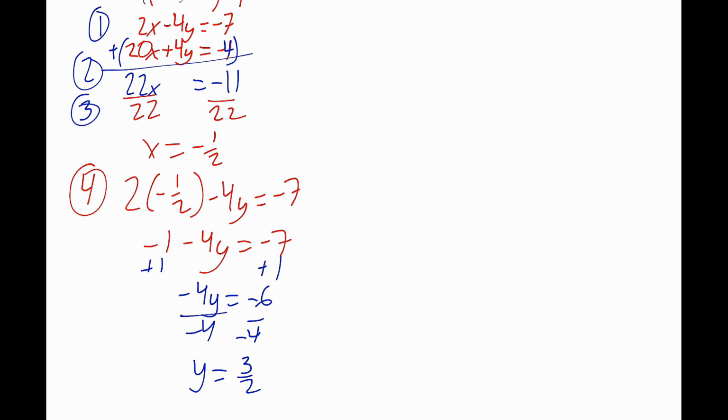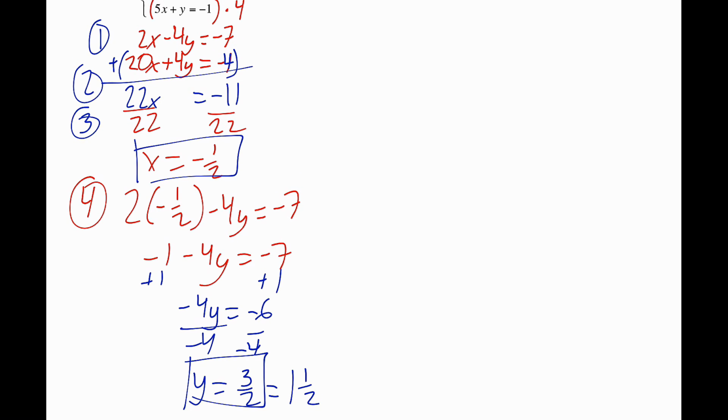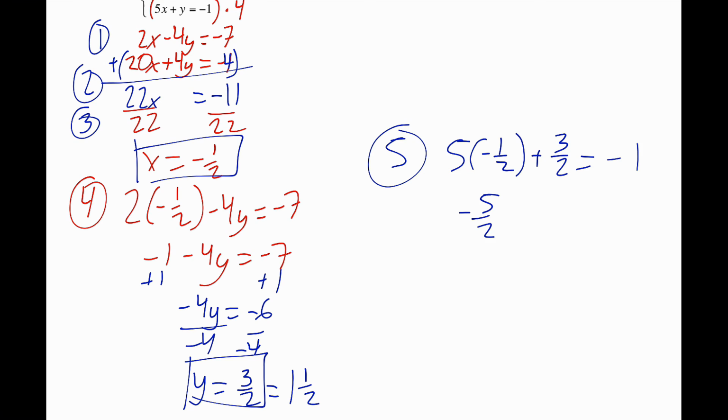So now we have our x and y values, and let's check to make sure that they work out. Step 5 is check our answers. So let's plug it into the other equation. We got 5 times our x value of negative 1/2 plus our y value of 3 over 2, checking to see if that's equal to negative 1. 5 times negative 1/2 we could write as negative 5 over 2, plus 3 over 2 equals negative 1.